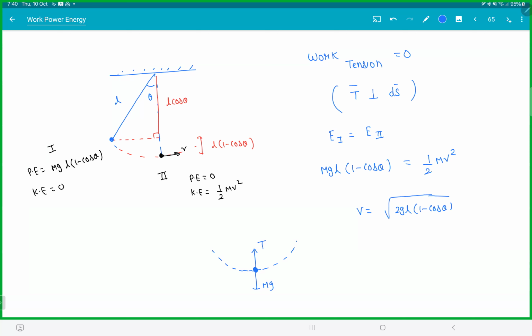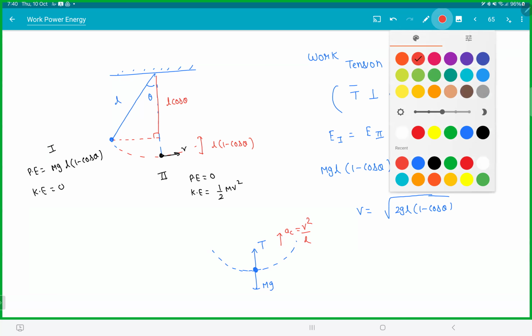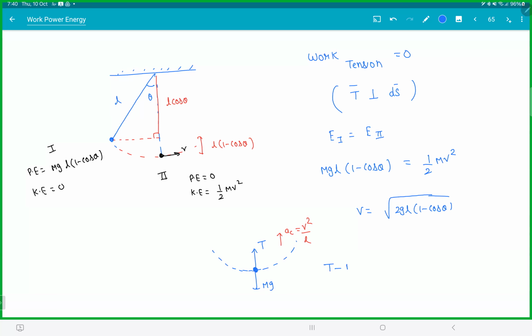So since you're going in a circle, you will also have a centripetal acceleration a_c, which is v square by L. Therefore, the forces will be tension minus mg is mass into acceleration. You can take centrifugal force also. Therefore, tension will be mg plus mv square by L, which is 2gL(1 minus cos theta).